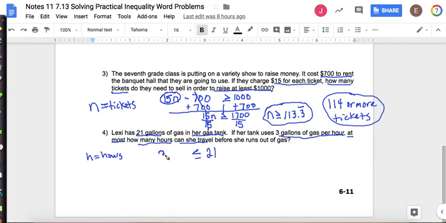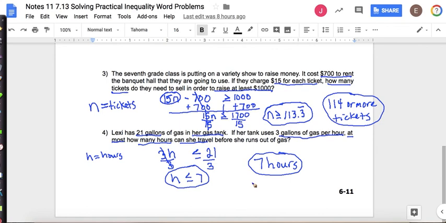So we're going to take the 3 gallons and multiply by how many hours? Okay, so the opposite of multiplication is division. So we're going to divide by 3. So H is less than or equal to 7. So at most, how many hours can she travel? 7 hours. She can travel 7 hours before she runs out of gas.